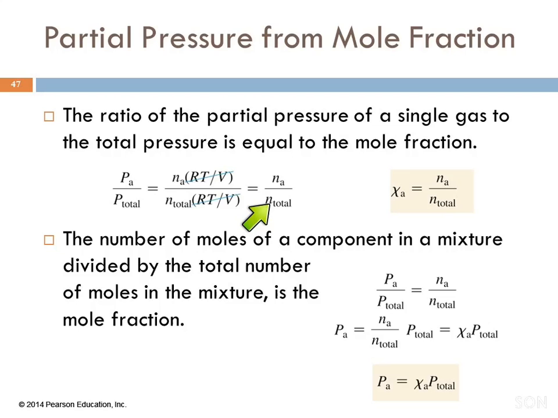This is called the mole fraction. For gas A, it's the number of moles of gas A divided by the number of total moles. It's like a percent, except we didn't multiply by 100. We use chi, which looks a lot like an X, to represent mole fraction. So the mole fraction of A is the number of moles of A divided by the total moles of gas in the mixture.